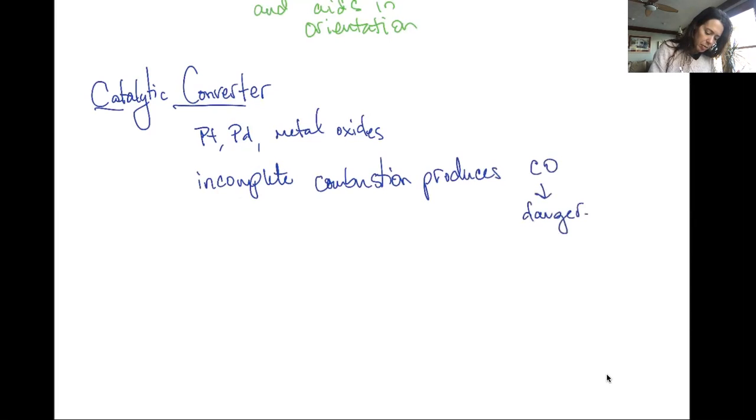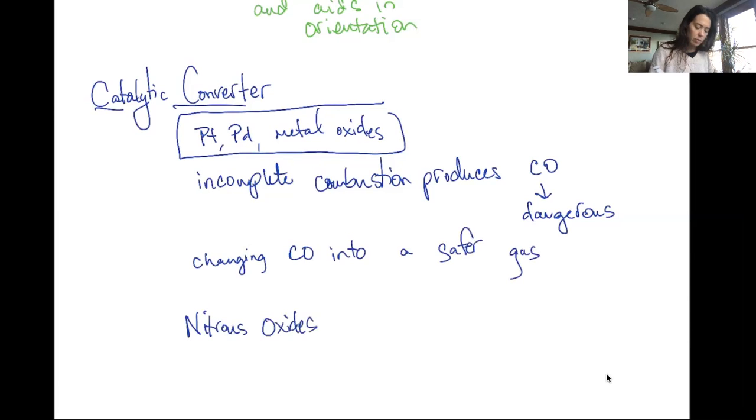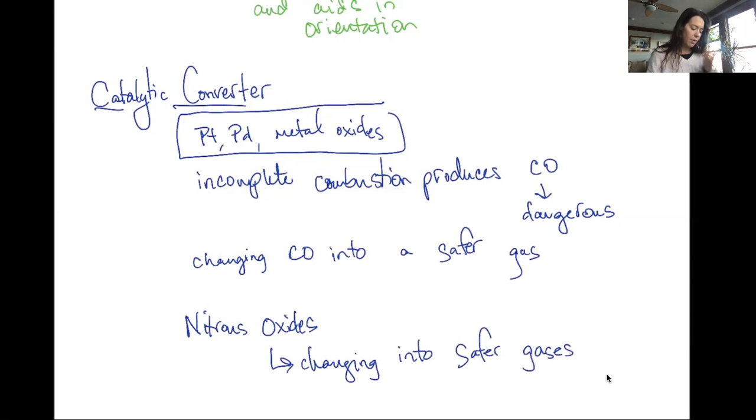You do not want it building up in your car, and we don't want to put it into the environment. So the catalytic converter will adsorb the carbon monoxide, changing CO into a safer gas, maybe carbon dioxide. It'll also adsorb nitrous oxides and change them into safer gases, safer for our environment, safer for us.